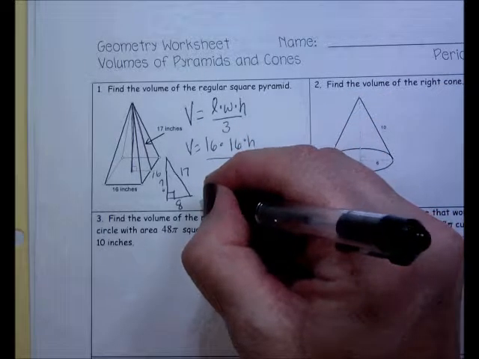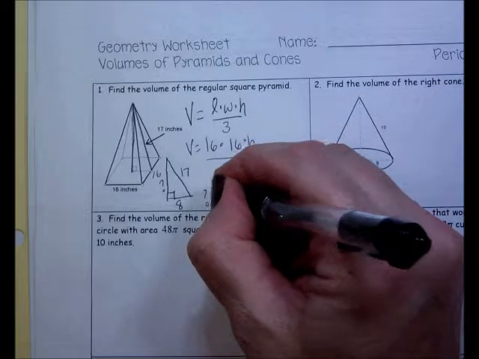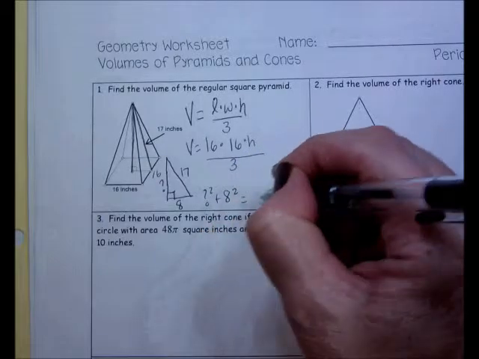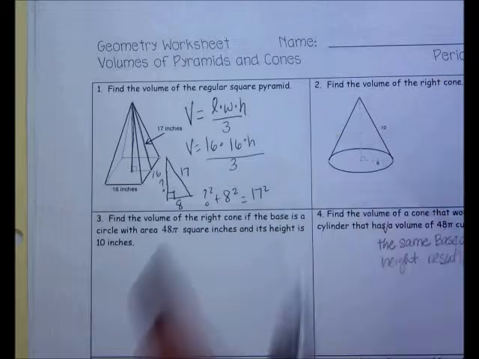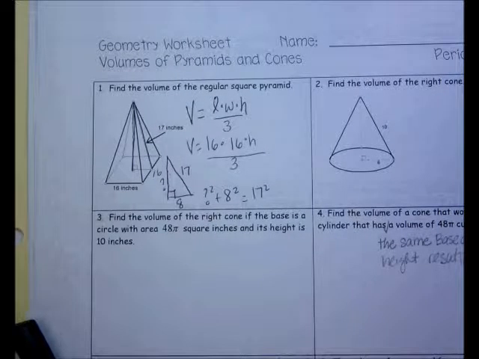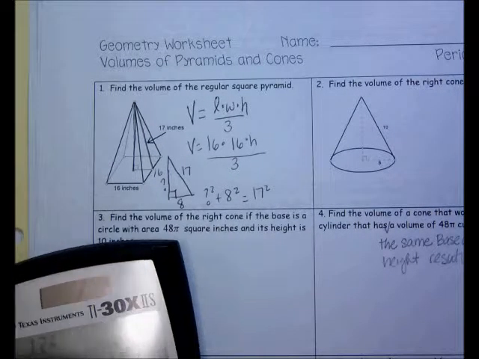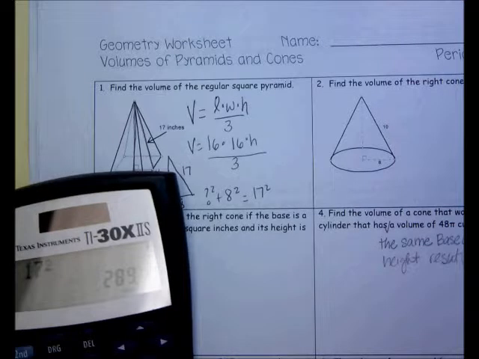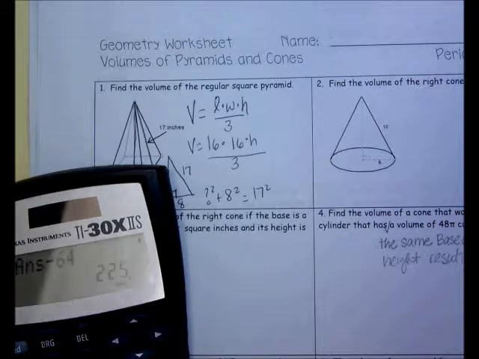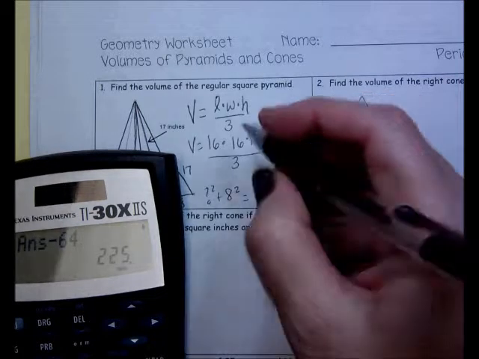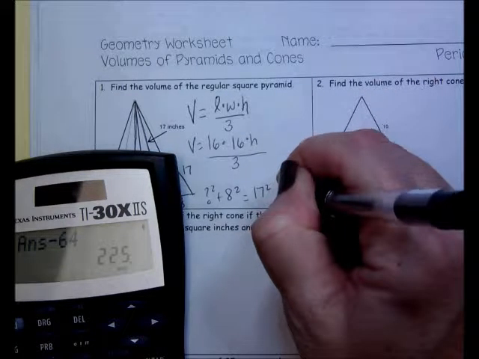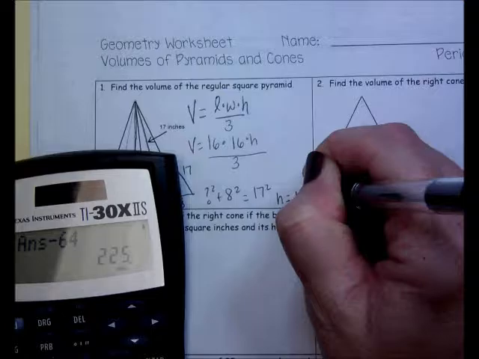So I have to say question mark squared plus 8 squared is equal to 17 squared, and you find out that 17 squared is going to be 289, and I subtract 64 from that, and I'm left with 225. Then I take the square root of it, and so I know that my height is going to be 15.